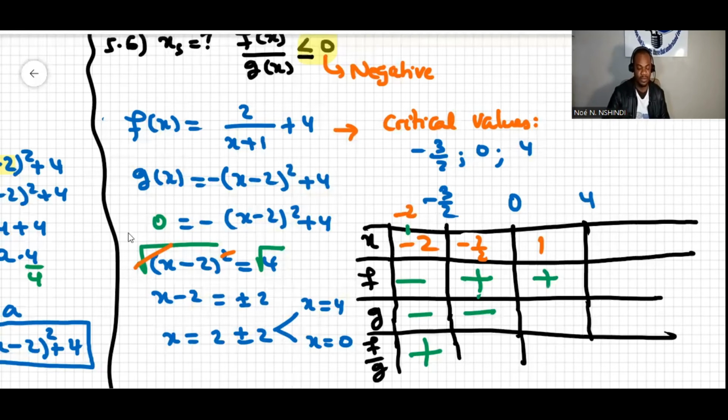And if I sub 1 over here for x, 1 minus 2 is -1. -1 to the power of 2 is positive 1, but with the negative here it makes -1. -1 plus 4 is positive. So here it's positive, and positive over positive makes positive. Over here, positive over negative is negative.